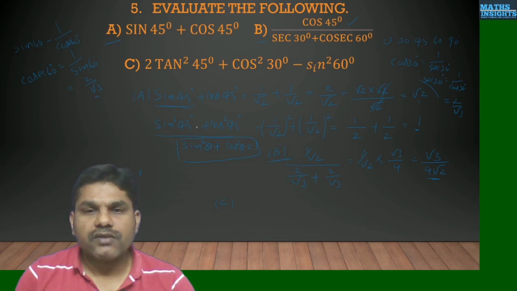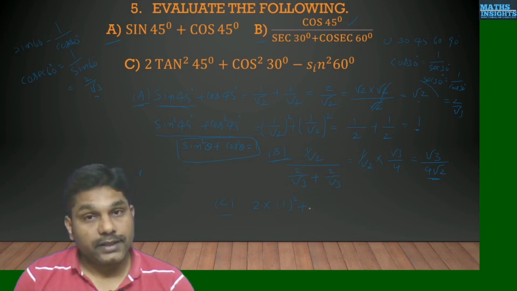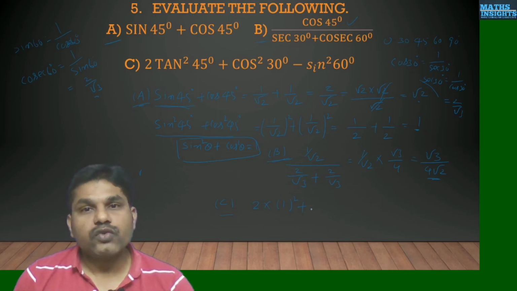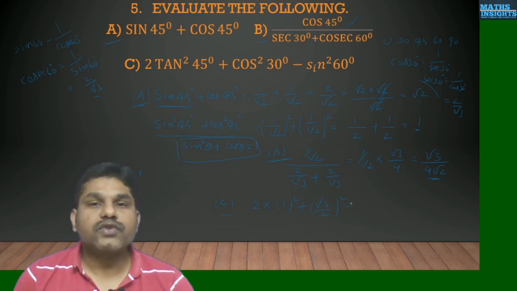Next, coming to C, 2 into tan square 45. If you remember, tan 45 degrees is 1, therefore 2 into 1 square plus cos square 30. Cos 30 is root 3 by 2, so cos square 30 is root 3 by 2 whole square, minus sin square 60.